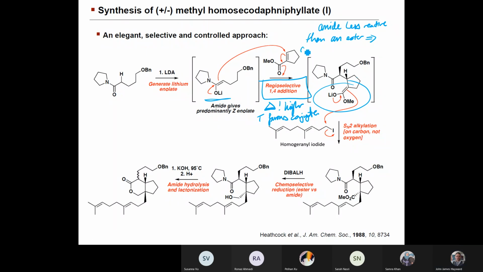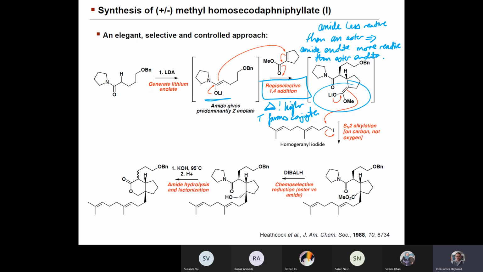Therefore, amide enolate is more reactive than ester enolate. Okay, so because the amide wants to reform quite a lot, the amide attacks in the conjugate sense to the alpha beta unsaturated ester, and the ester enolate is then generated. And this is a favorable process overall because you've gone from the amide enolate to the ester enolate.